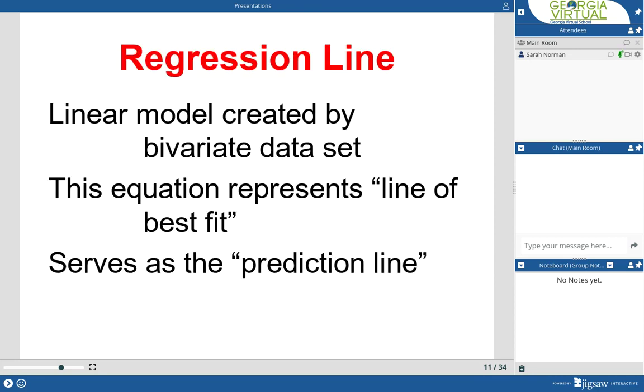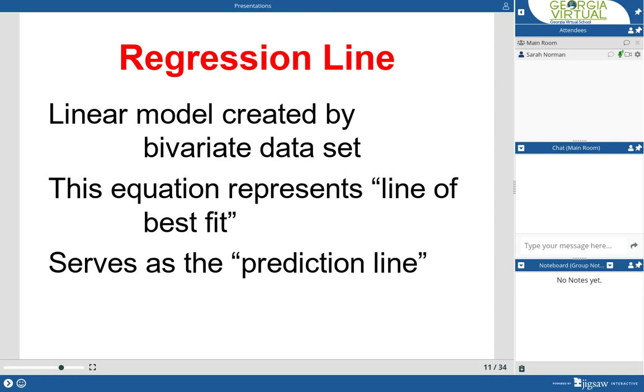A regression line. So you may have heard me just a few minutes ago mention a linear regression equation. This is your regression line. It's a linear model created by a bivariate data set. So bivariate data, again, is where you have two variables and you're comparing the relationship between them. The equation of that line represents the line of best fit and serves as the prediction line.